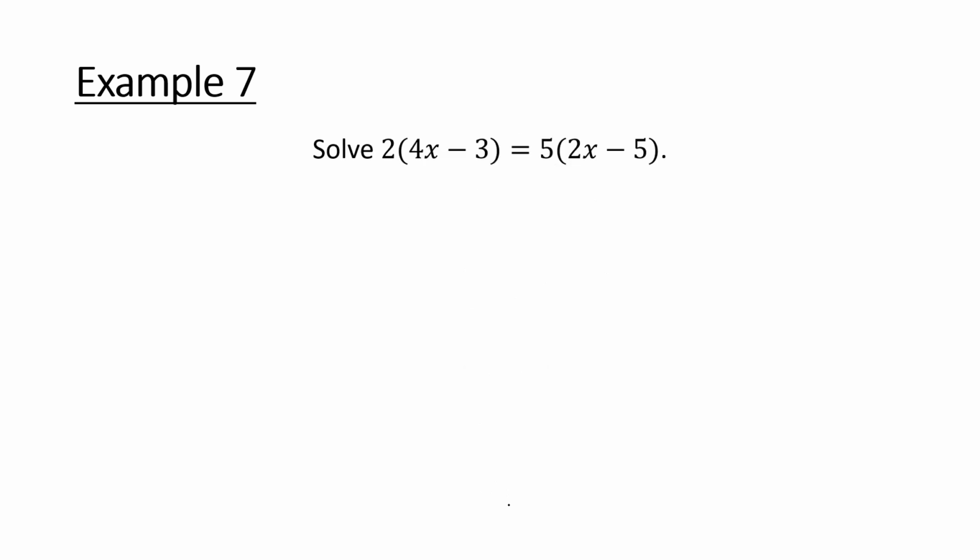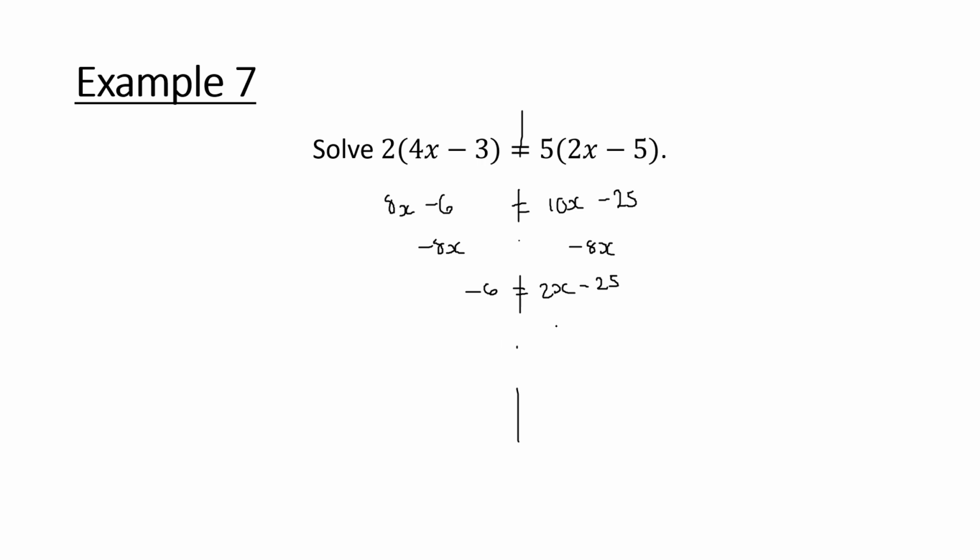Final example, I believe. Same thing as always. Draw that line, multiply them out. So 2 times 4 is 8, and then x. 2 times minus 3 is minus 6, equals 5 times 2 is 10, with the x 10x. 5 times minus 5 is minus 25, and then smallest amount of x's is the 8x, so you subtract 8x from both sides, so you're left with minus 6 is equal to 2x minus 25.